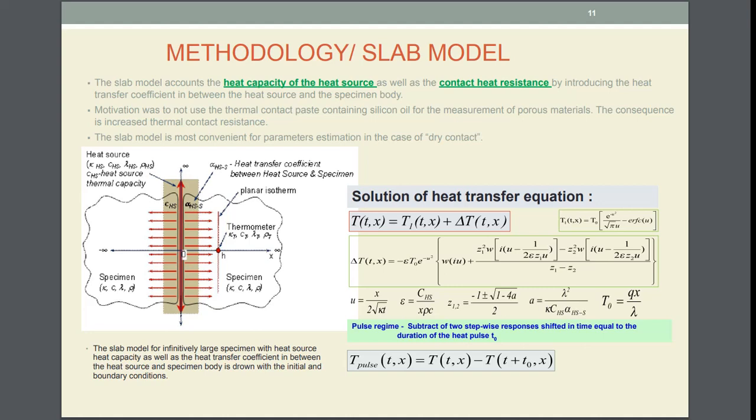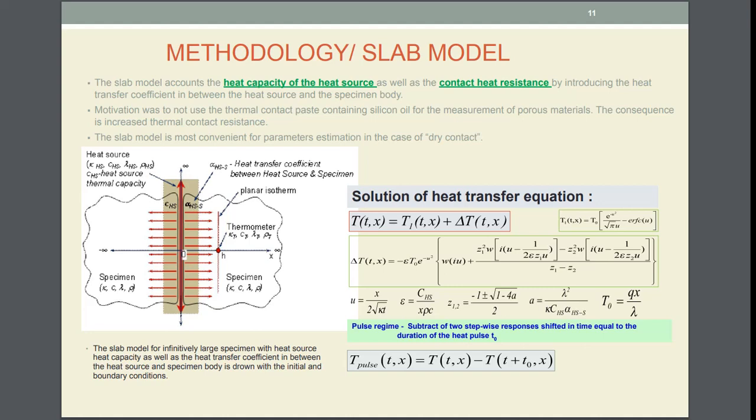So this is the formula. I have just taken the direct equations and some definitions, and at the end you will see a temperature response formula, which is a subtraction of two stepwise responses, shifted in time by the duration of the heat pulse. In simple terms, when we give a heat pulse inside the chamber, it is better to stabilize the experiment for at least, or maximum, 8 hours, because there is a high probability that there can be some thermal history present in the experiment.